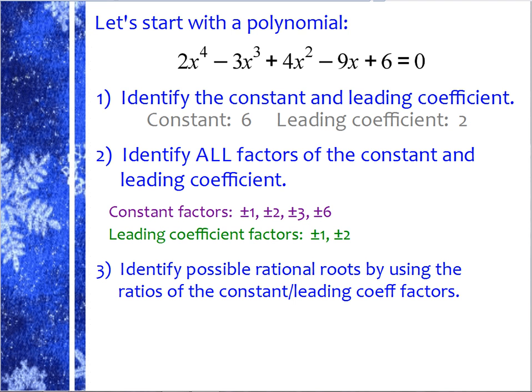To identify possible rational roots, some of the roots we come up with will not be actual roots for our equation, but we're going to find all possible rational roots by taking the ratios of all the factors of our constant over all the factors of our leading coefficient. Let me show you what that looks like.